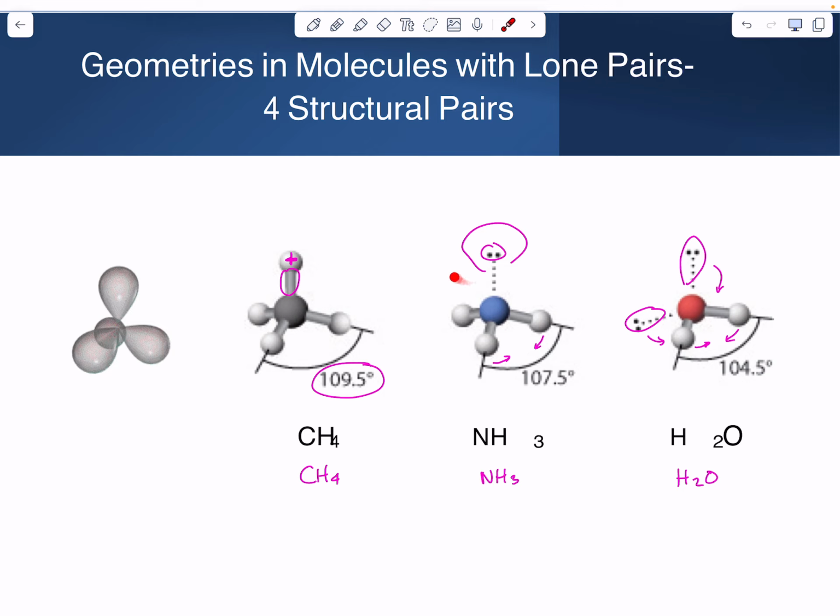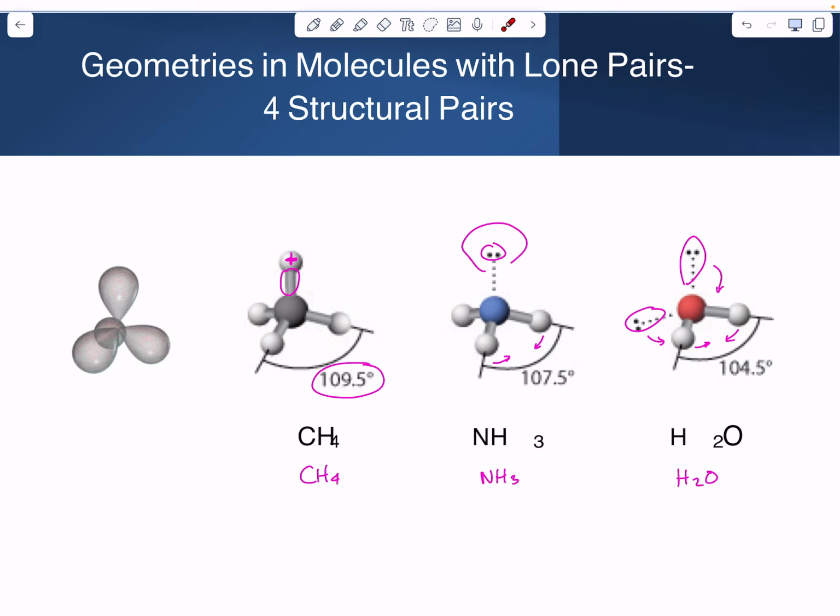But because these lone pair electrons don't have another nucleus to be attracted to, their position in space is more diffuse, so they're spread out a little bit more than the electrons in a bond, and they can push on the other bonds a little bit more. So when you have one lone pair and 3 bonding pairs, that bond angle gets a little bit smaller, down to 107.5.